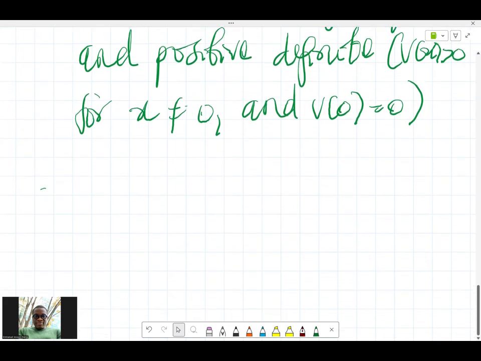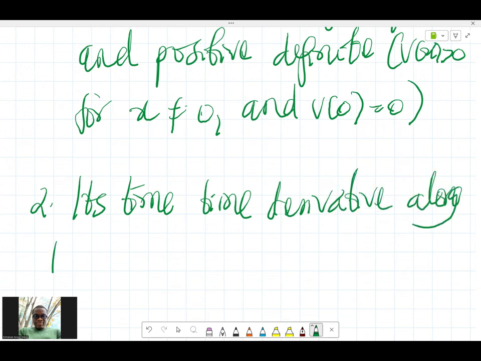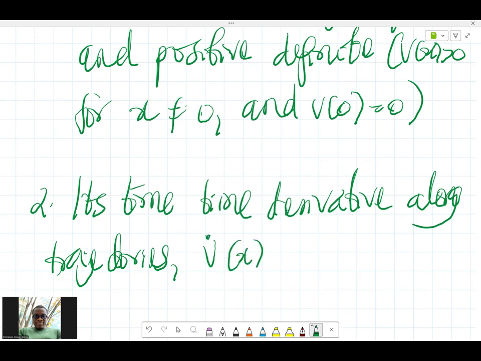Then number 2, its time derivative along trajectories, V dot of x, is the same thing as the gradient of V multiplied by the function evaluated at f of x.